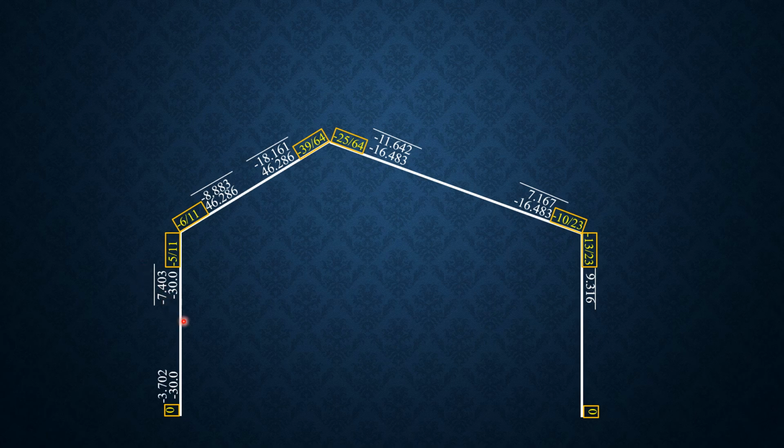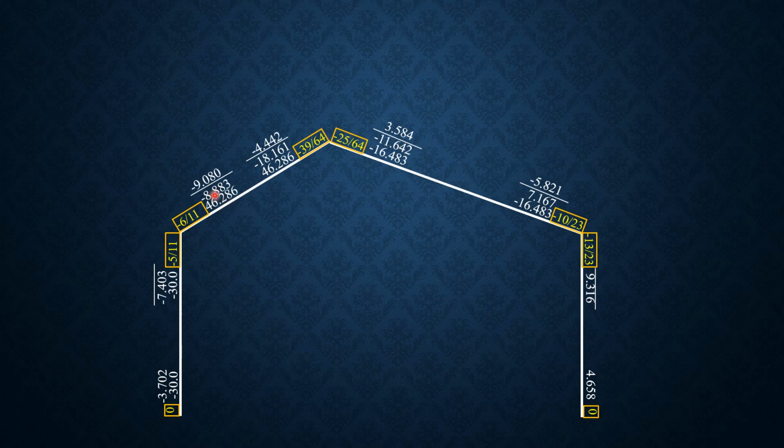Then half of negative 7.403 is negative 3.702. 0 here. Half of negative 18.161, half of negative 8.883. Half of 7.167, half of negative 11.642. Then half of 0 is 0 here, half of 9.316, 4.658.